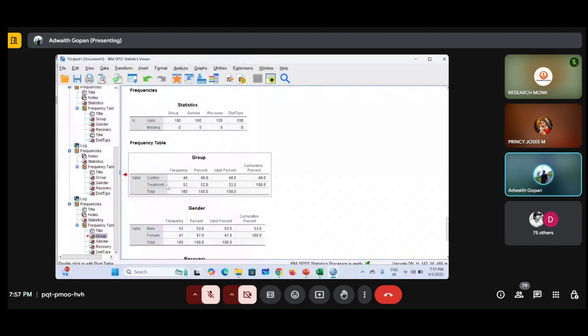If one category has more samples than the other, our results may not be correct. It may be biased, right? If suppose there are 90 samples in treatment and 10 samples in control, here we cannot do a meaningful analysis because there will be bias. So before doing our analysis, it's important for us to know how the categories are distributed, how many samples are there in each category.